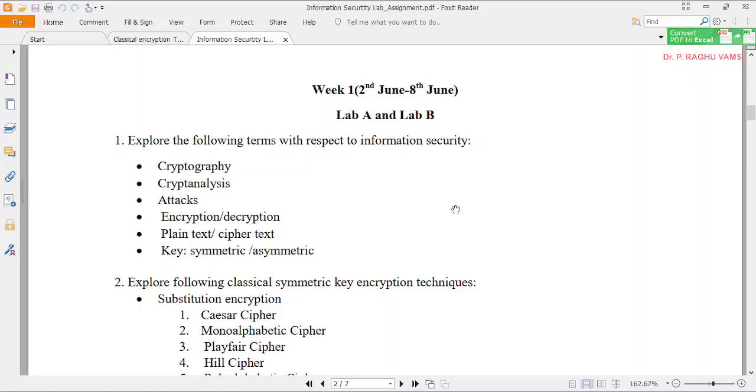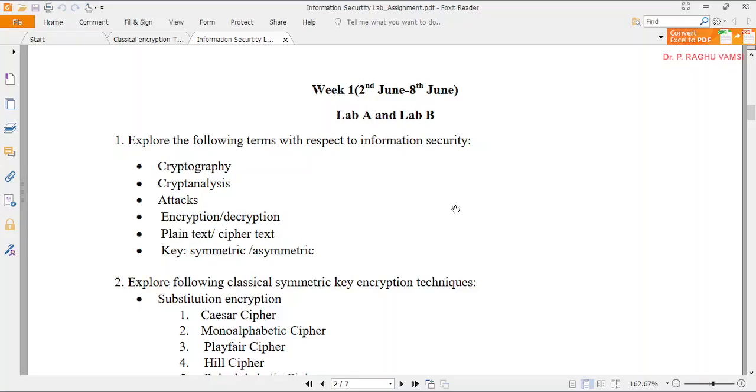Cryptanalysis is the art of breaking the secrets. So it is quite the reverse of cryptography. Cryptography is the art of making the secret, while cryptanalysis is the art of breaking the secret. Basically, cryptography gives mainly four properties. First property is confidentiality. Next one is integrity. Another one is authentication.